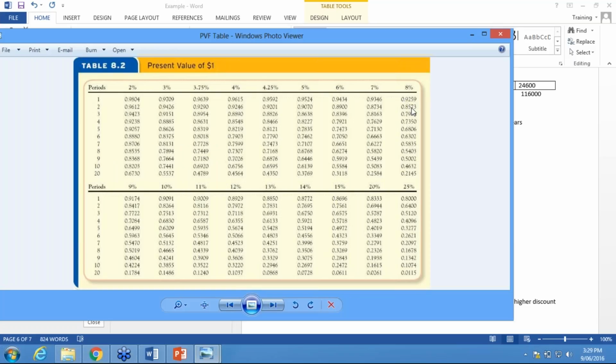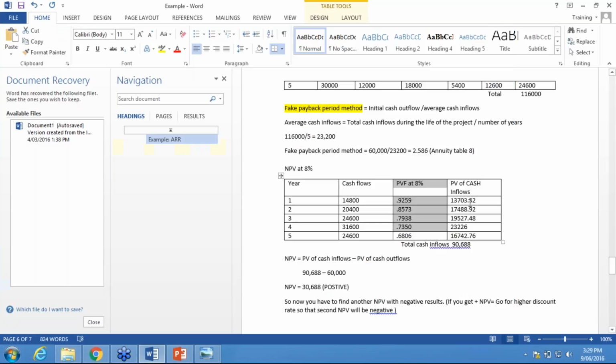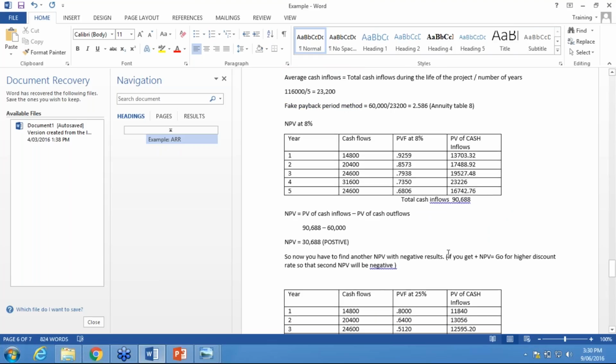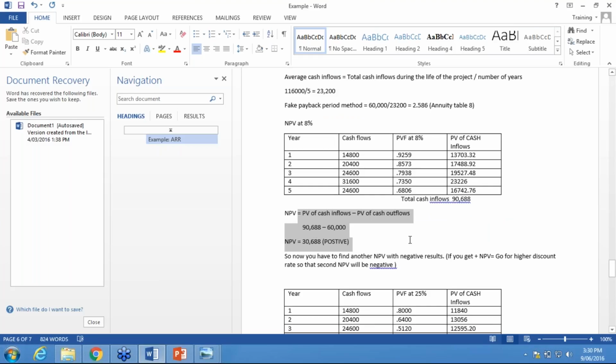That is 0.9259, 0.8573. That's what I have mentioned here. And how will I calculate the present value of cash inflows? I need to multiply these two columns and you will get your total cash inflows. And the formula is present value of cash inflows minus present value of cash outflow. So here is the first NPV.